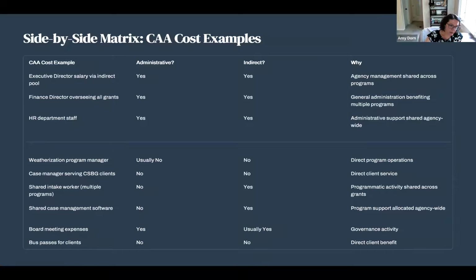So then down in the bottom half here, we have ones where your answers might be some combination of the two. Weatherization program manager is not administrative, but it's a direct program operation because that's the only program they're being charged on. So it's also not indirect. That's a direct cost.